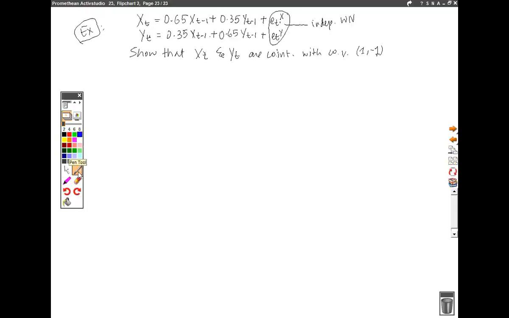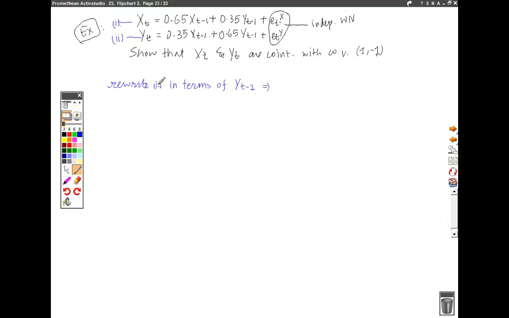So what we can do is rewrite this expression. Maybe I can write this as my expression 1 and this is my expression 2. So I rewrite 1 in terms of yt minus 1.